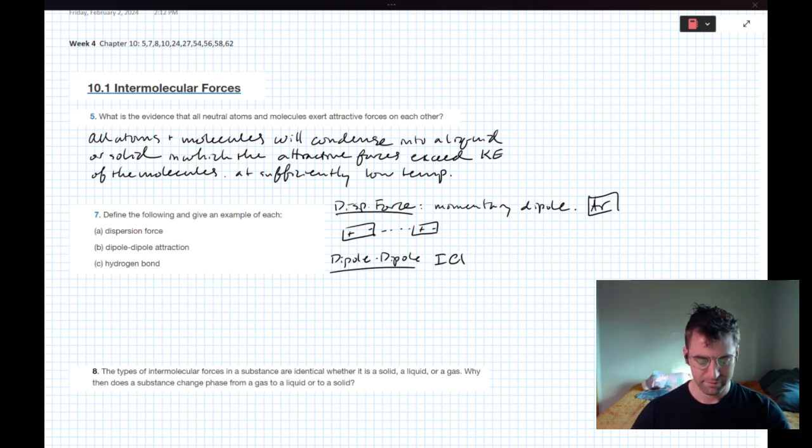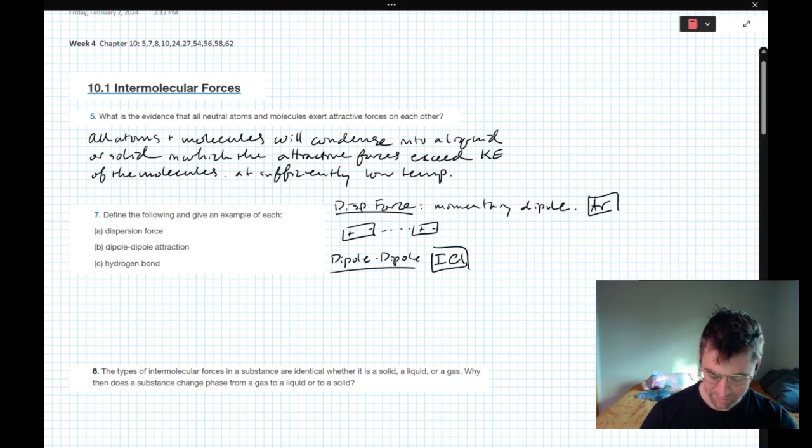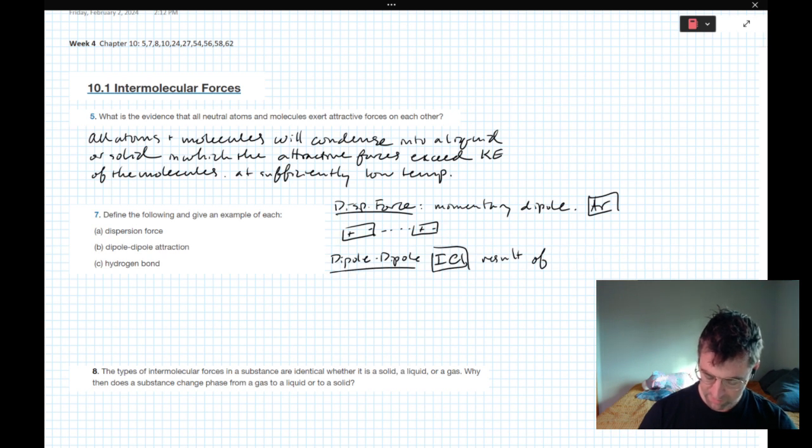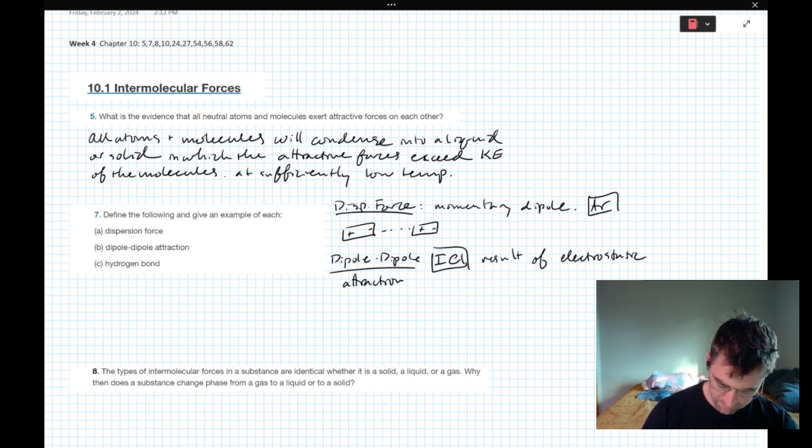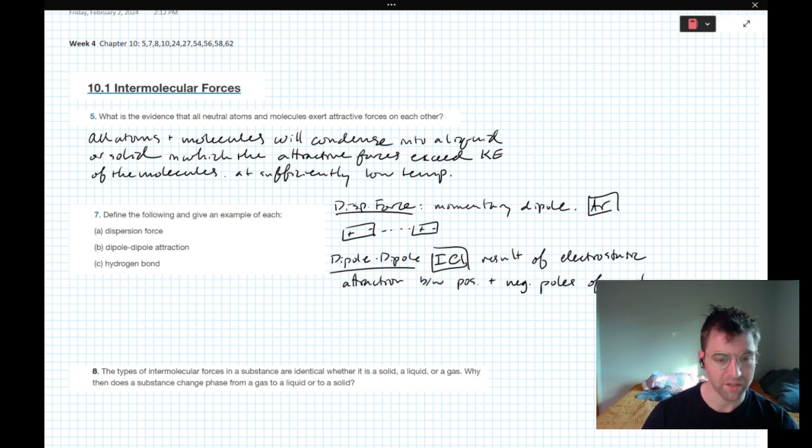Iodine monochloride is an example. There are many. It's the result of electrostatic attraction between positive and negative poles of a molecule.